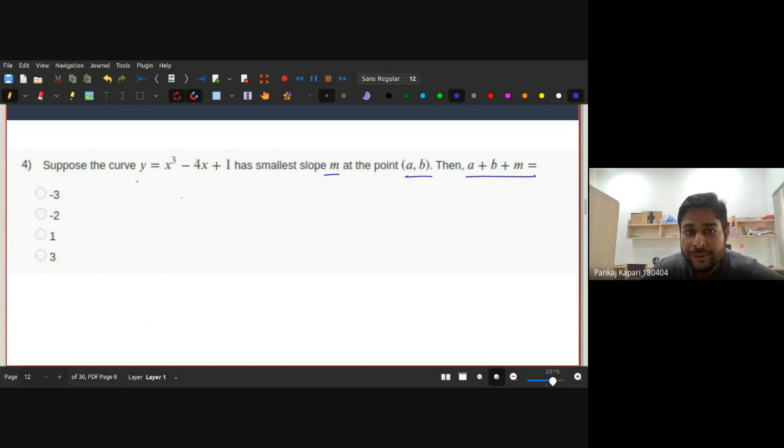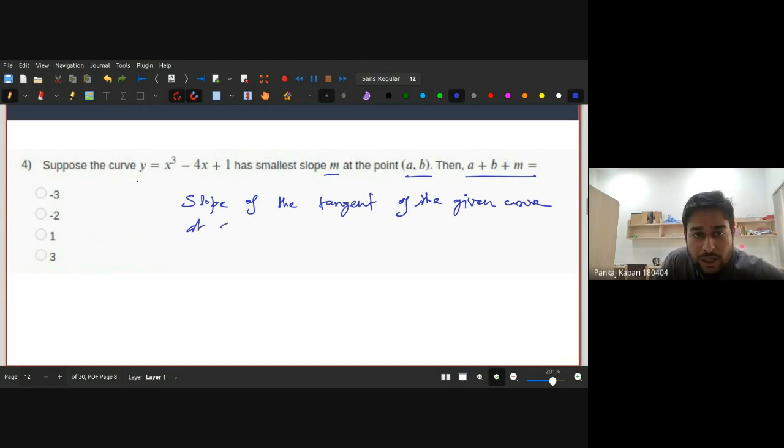For finding the smallest slope, what is the slope of the tangent of the curve at a comma b?